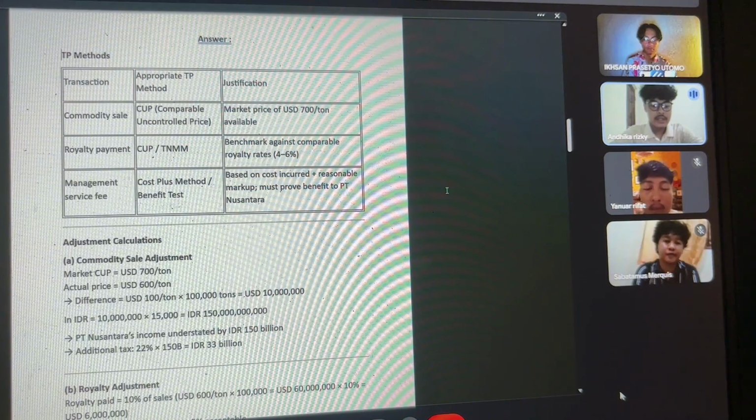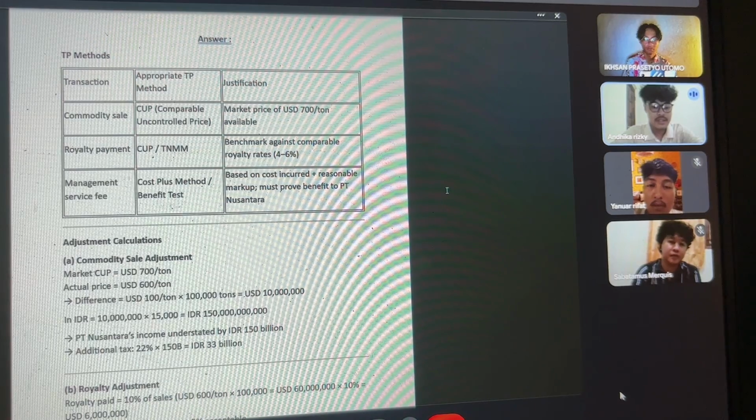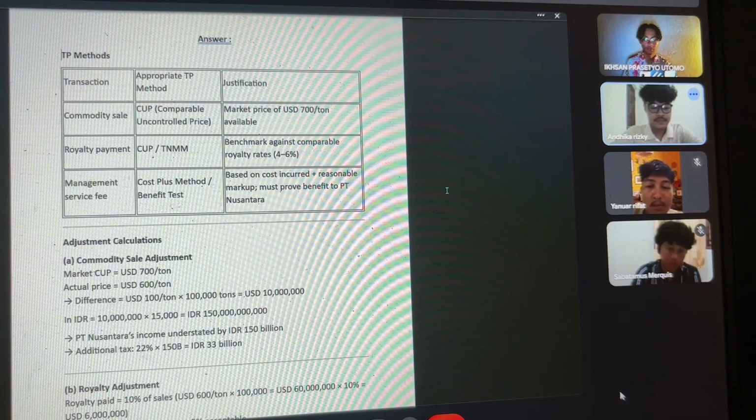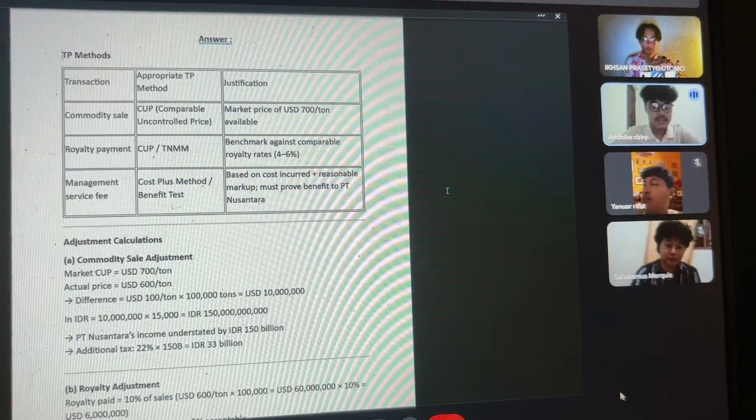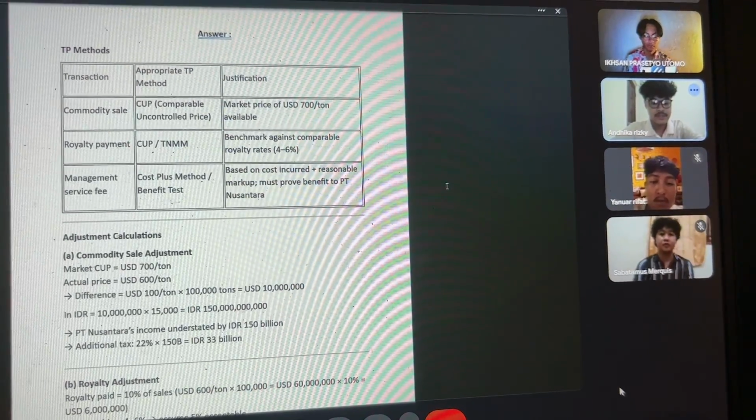So for the first question, we prepared a table which consists of three columns. The first column is the transactions. The second column is the appropriate TP method, and last is the justification. The first is commodity sales, and the appropriate TP method for commodity sales is CUP, or comparable uncontrolled price.